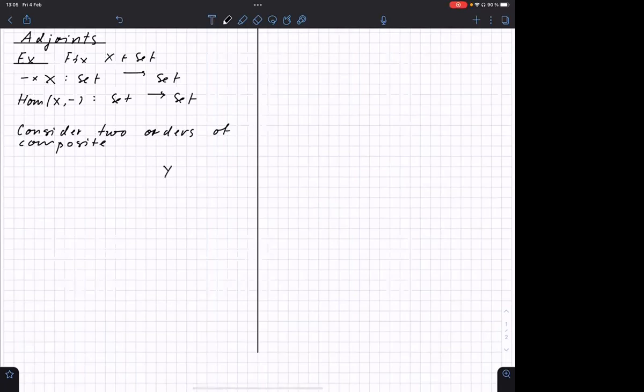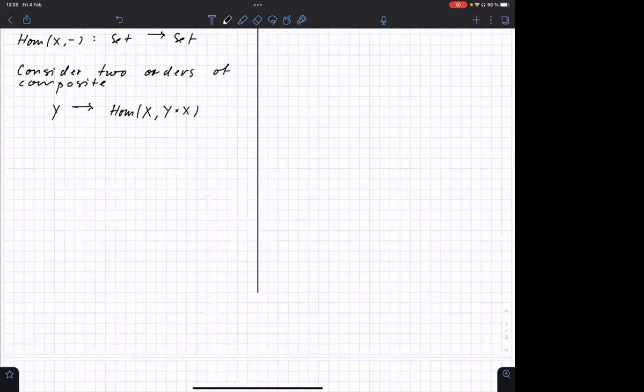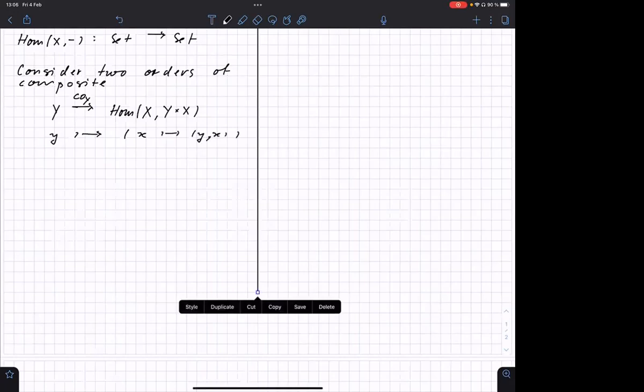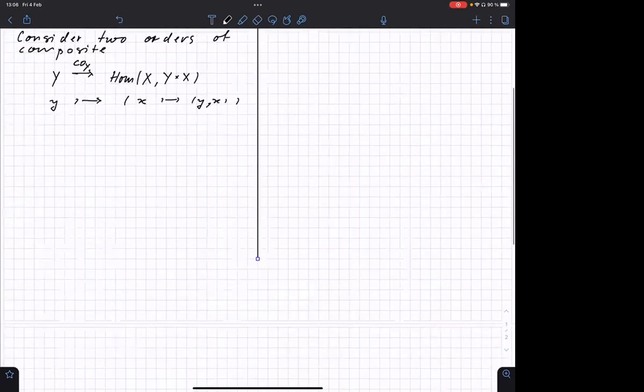So if I had a set Y and I crossed with X, and then I Hommed in from X, I would get the set of maps from X to Y cross X. And given a point of Y, there's a particular map of that form. I'm going to call it co-Y. It's a kind of co-evaluation. It takes a point of the set Y to the map which sends a point of X to the point of the product, which is Y comma X. And it's easy to check that this is natural in Y.